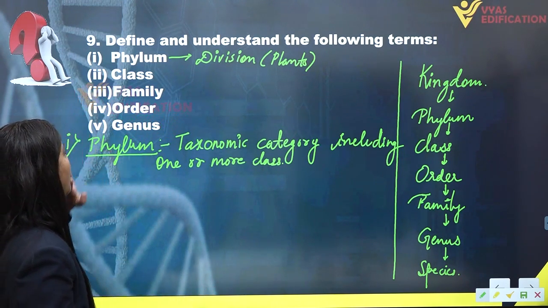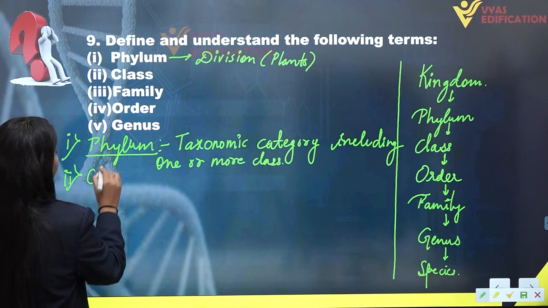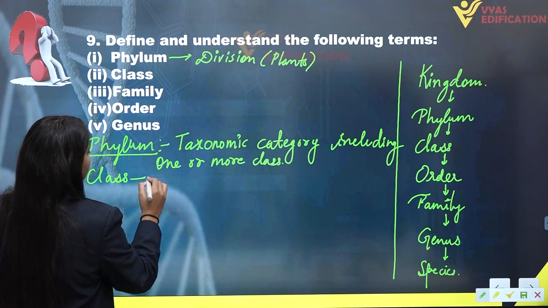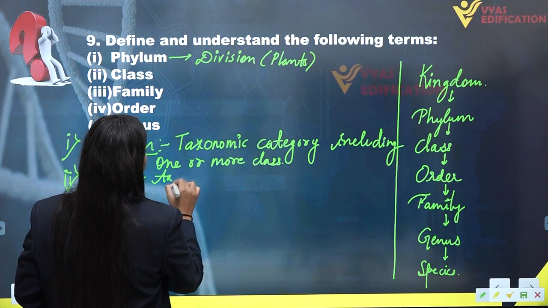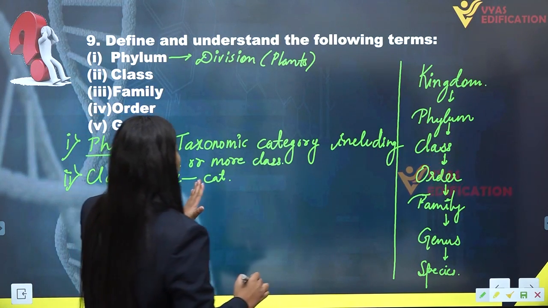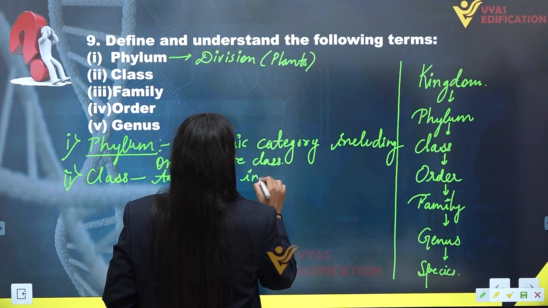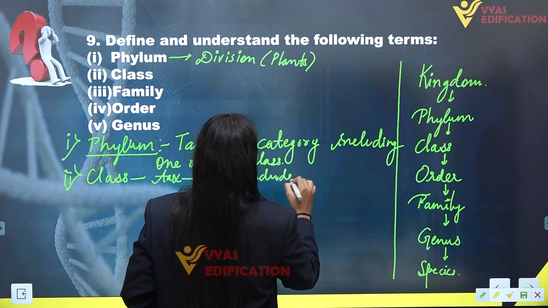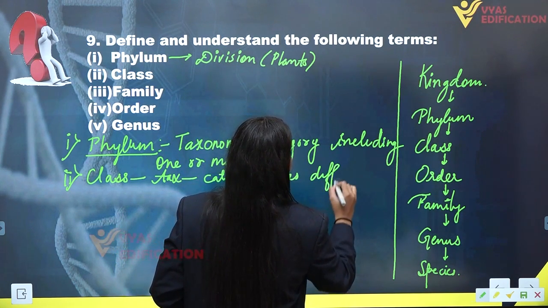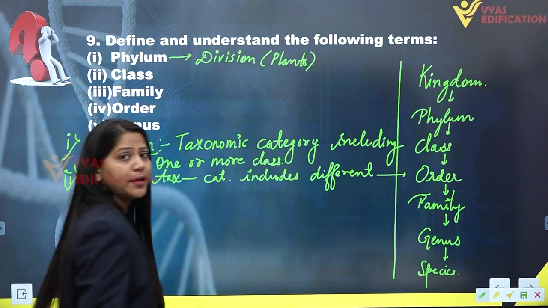Alright, if we talk about the definition of class, then class is also a taxonomic category which includes different orders.